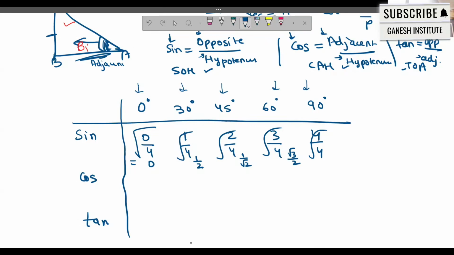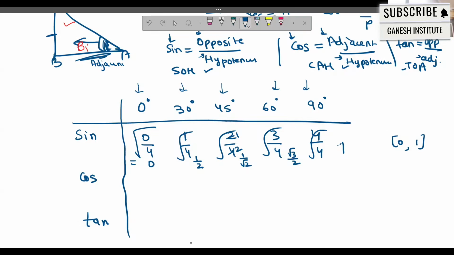Root 3 upon 2. And sine 90 is 1. So always remember, values of sine lie between 0 and 1, inclusive.